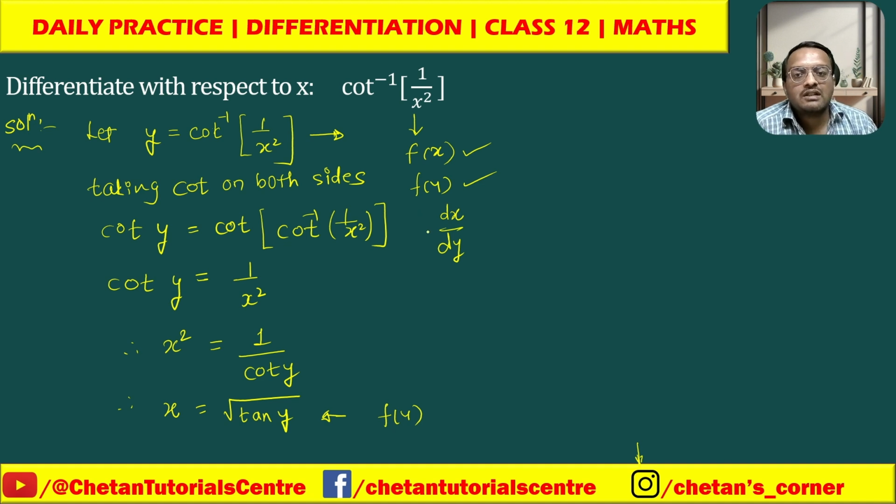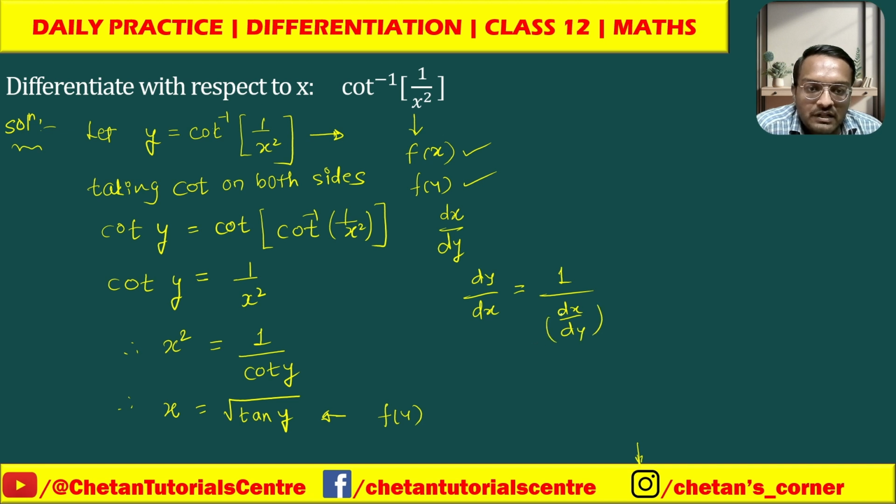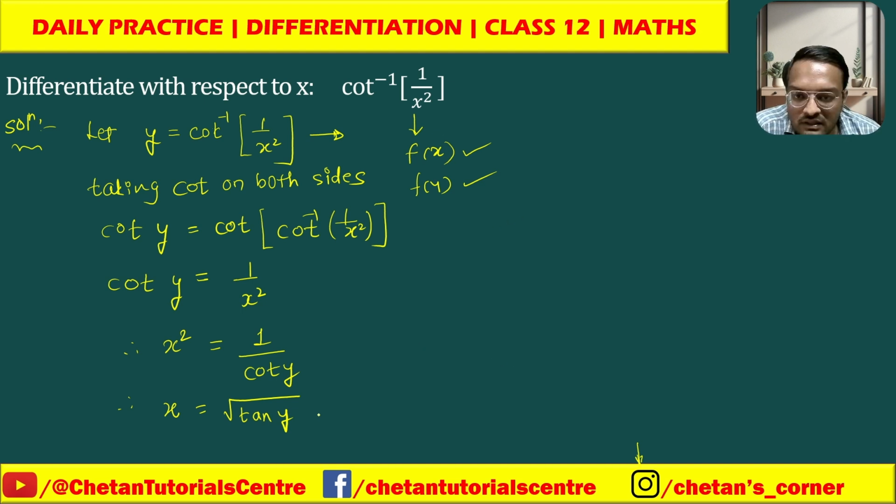And then by using the theorem to find the derivative of inverse function, dy by dx, which is 1 upon dx by dy, I will use the value of dx by dy to find the value of derivative of the given function using the theorem of derivative of inverse function. So let's see how to do that. Note this as equation number 2. This step as equation number 1.